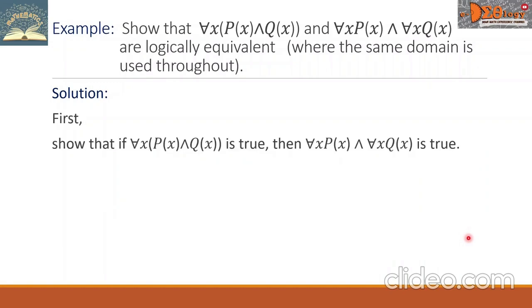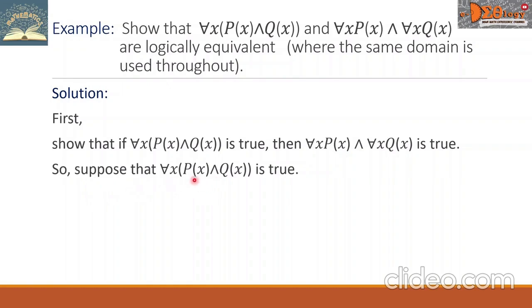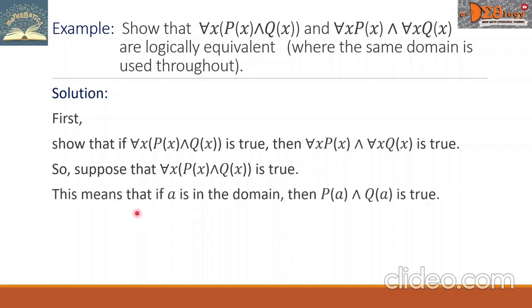Let's begin with the first one. Let us show that if for all x, the conjunction P of x and Q of x is true, then the conjunction for all x, P of x, and for all x, Q of x is true. So suppose that for all x, the conjunction P of x and Q of x is true. This means that if A is in the domain, then P of A and Q of A is true.